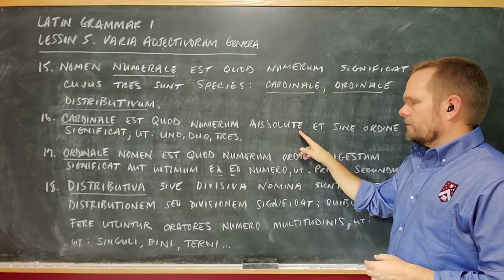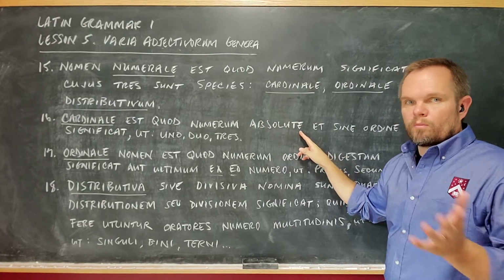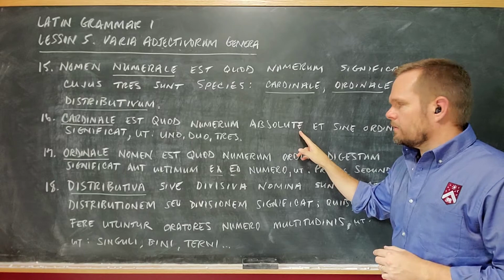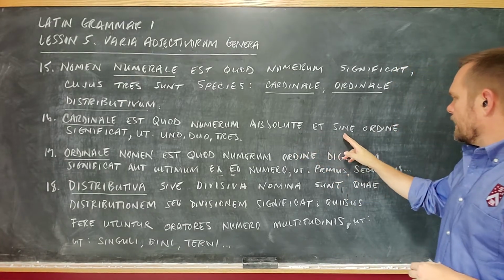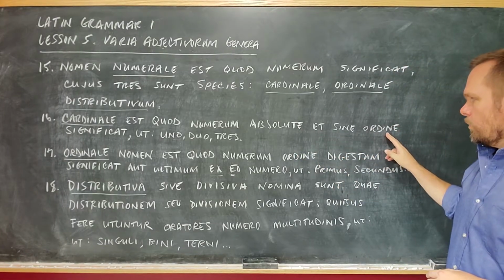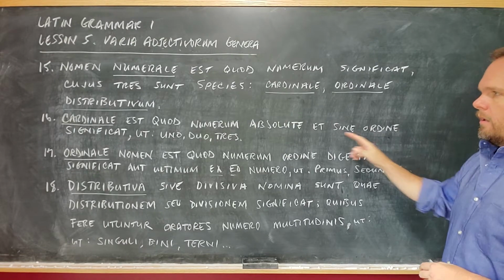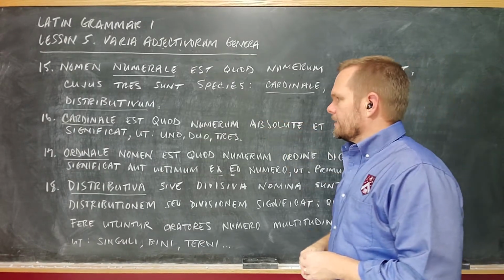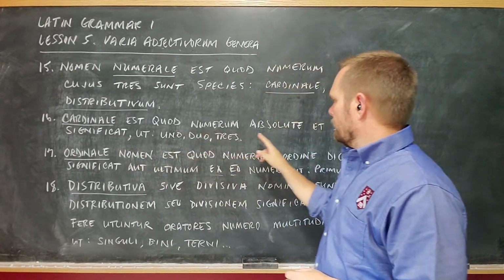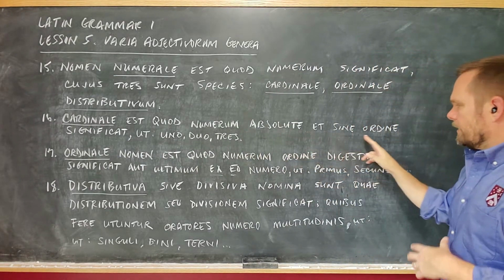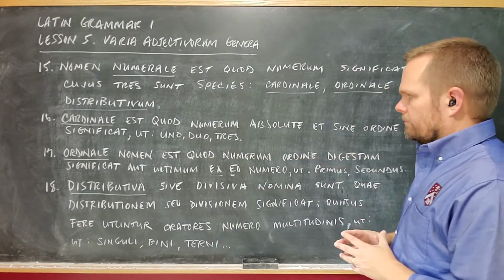Absolute, that means absolutely or without reference to any other number. And sine ordine, without order. A cardinal numeral is that which signifies a number absolutely and without any reference to order.